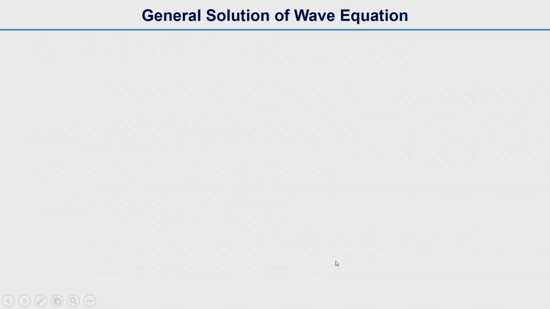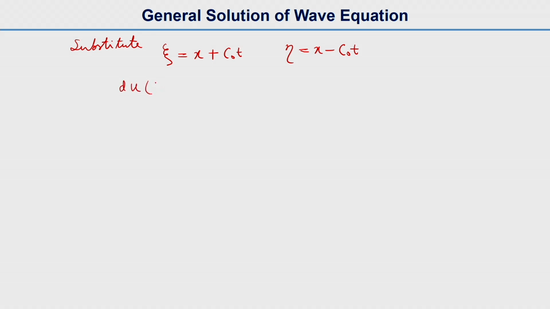For that we want to substitute these two variables: xi is x plus c naught t and eta is x minus c naught t. By substituting these with two variables, we can now express the differential of the multivariable function du.